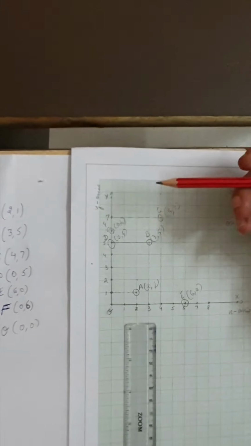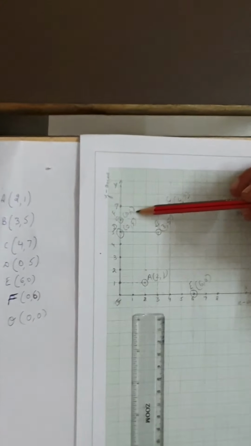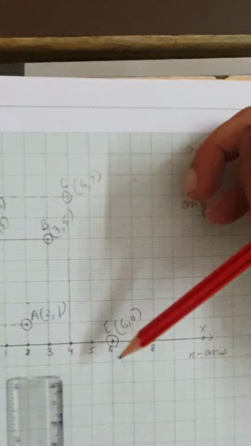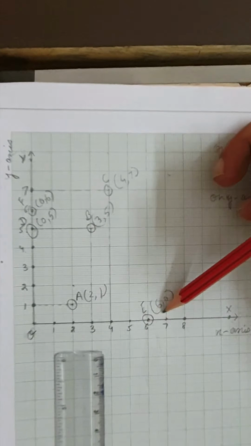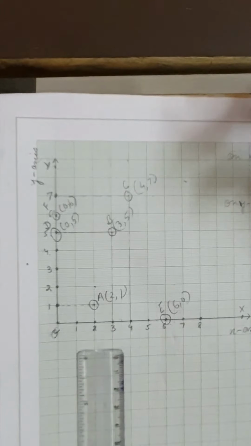So it is very important that 0, 6 and 6, 0 are two different points. Just like you label the line segment AB and BA, you find that the line segment is the same. But it is not so in the graph. 0, 6 is here and 6, 0 is here. They are two different points. So changing the order of the coordinates is going to change the points also.